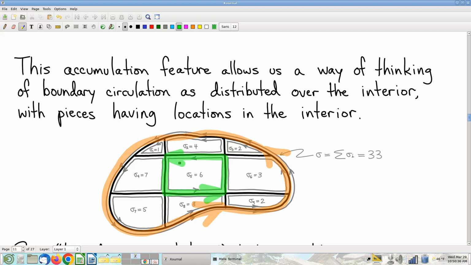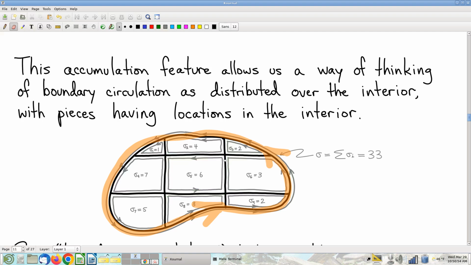And it's tempting to say, that's a ridiculous question. The green curve is unrelated to the orange curve, and that doesn't make any sense. I don't even understand the question. How much of the orange circulation is happening on the green? No, they're just disconnected, right?